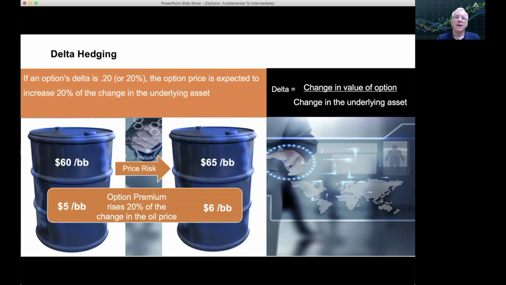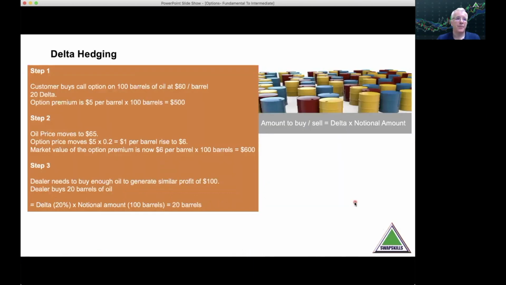So let's just see how that would translate into numbers when it comes to hedging. So you should be able to move it forward here. So look at the first step. The customer has bought a call option on 100 barrels of oil at $60 a barrel. The option premium is $5 per barrel. So physically imagine you've got your barrel of oil, $5 premium. The next day, oil has moved to $65.